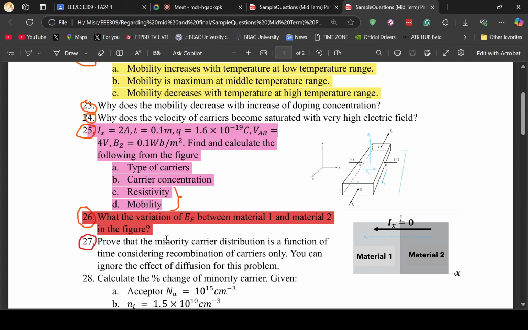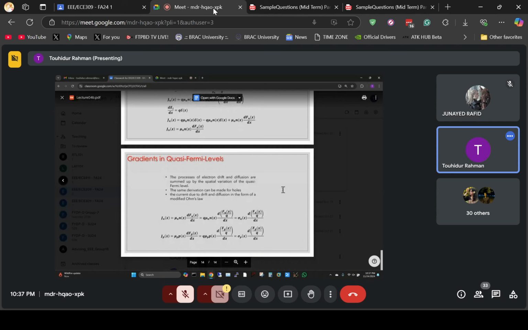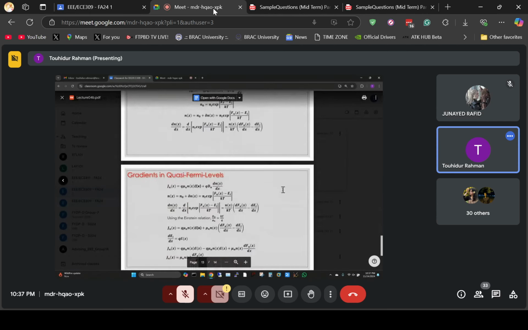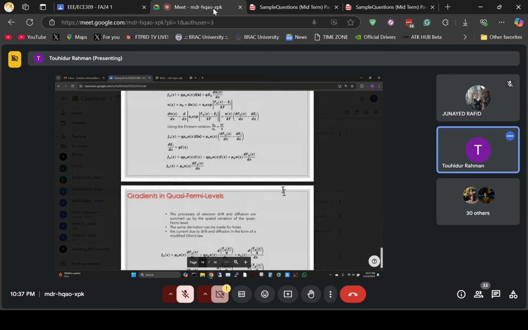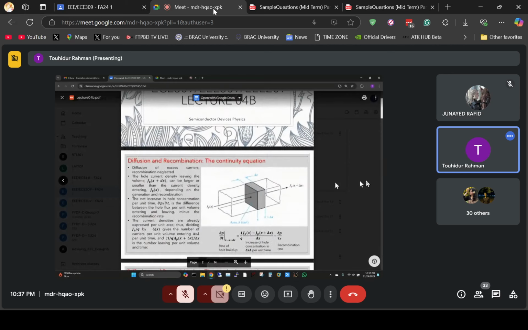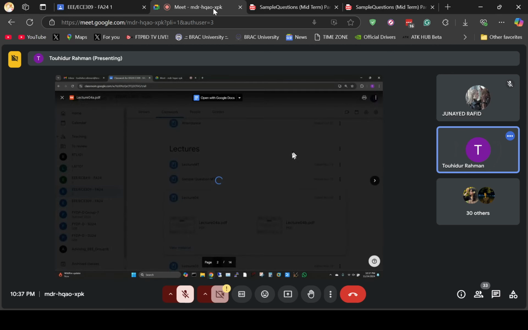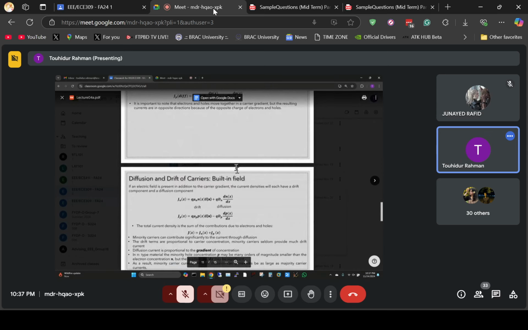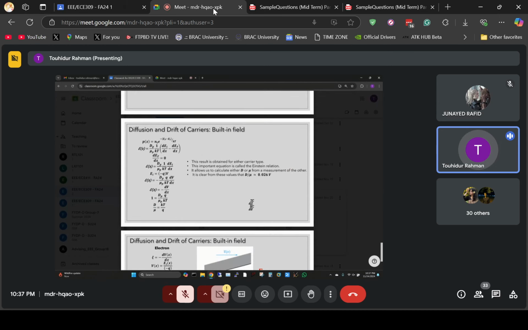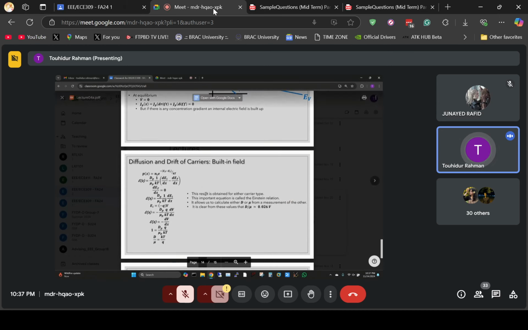Maybe 4B. So this should be, I don't know what the slide number here is, I guess slide number 14 from 4A.